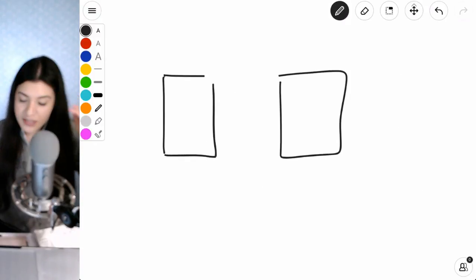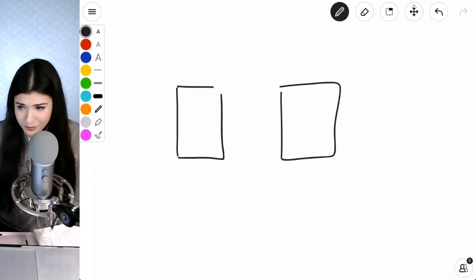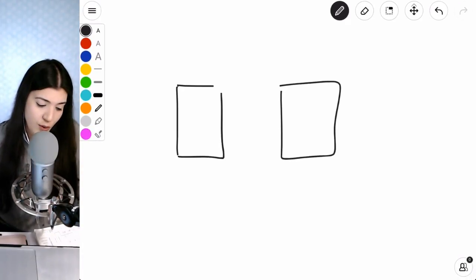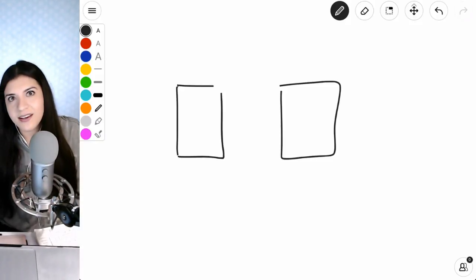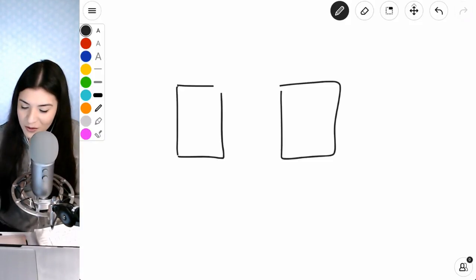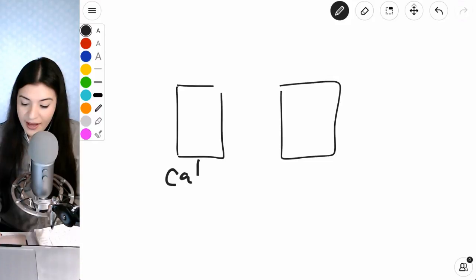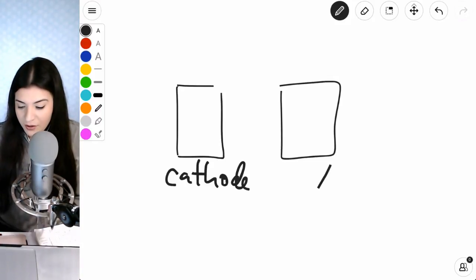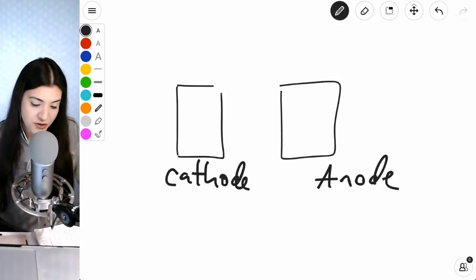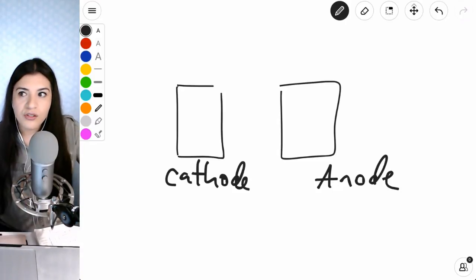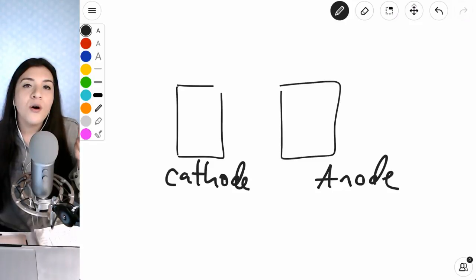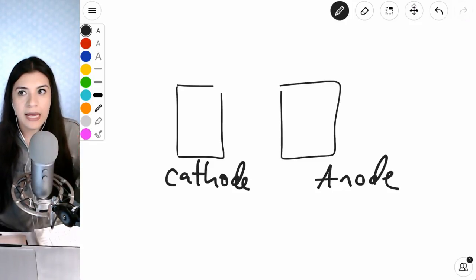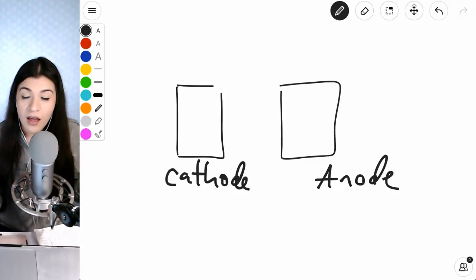With an electrolytic cell, which is what I'm going to draw here, it's a little bit different. Instead of having the anode on the left and the cathode on the right, it's the opposite now. It's switched around. So now it's the cathode on the left and the anode on the right. The major thing here is that our electrons are no longer moving from anode to cathode left to right, as they would in a galvanic or voltaic cell.